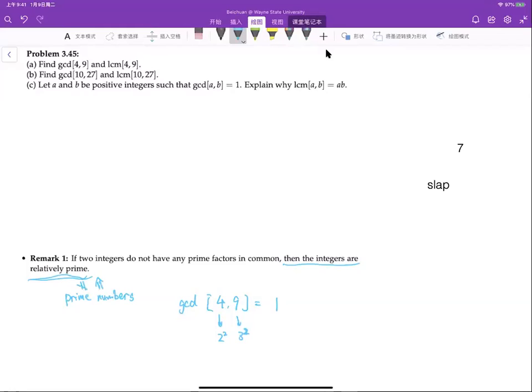However, if two numbers are prime numbers, they must be relatively prime. Like if you consider the GCD of say 19 and 23, they must be relatively prime because, for prime numbers, they only have two divisors, 1 and itself.